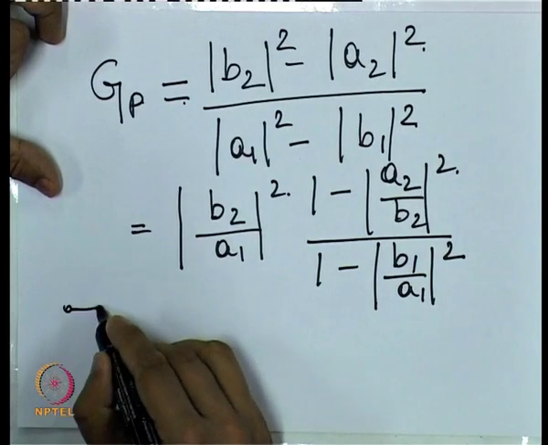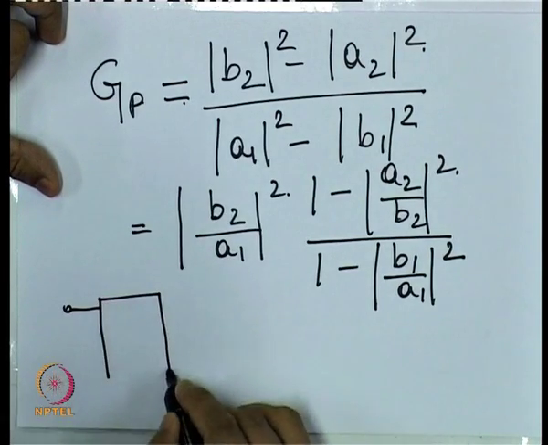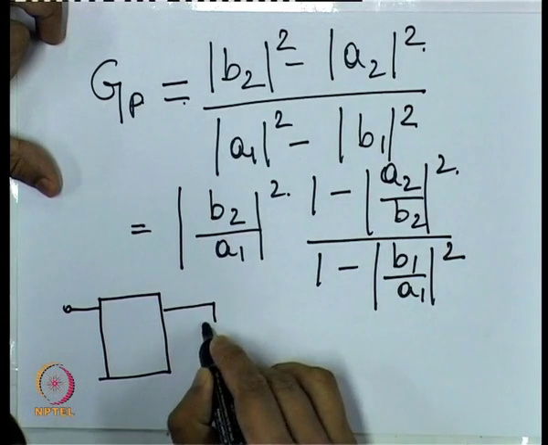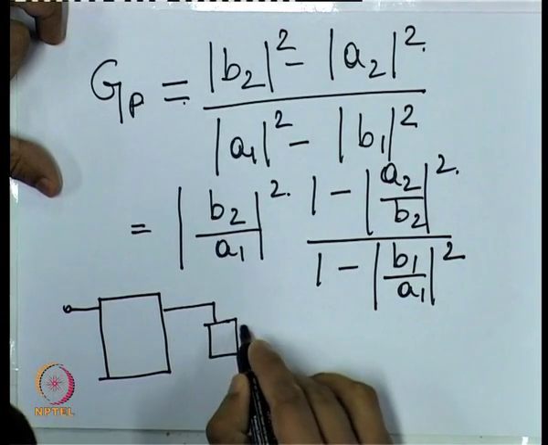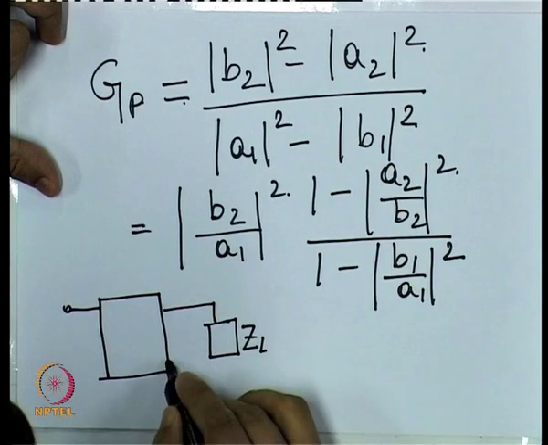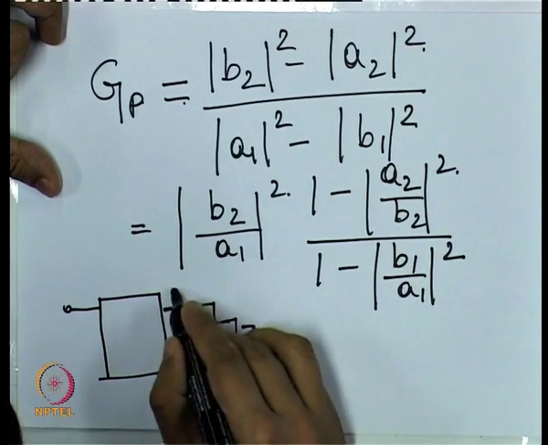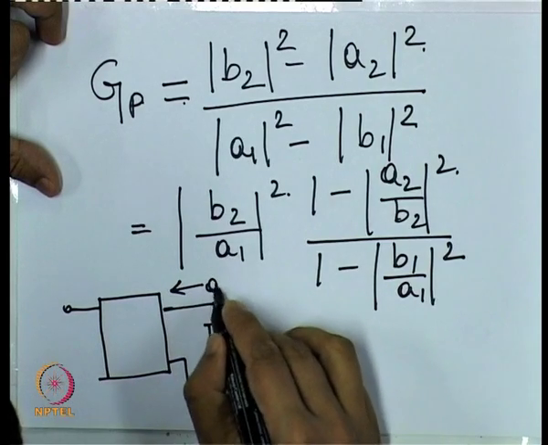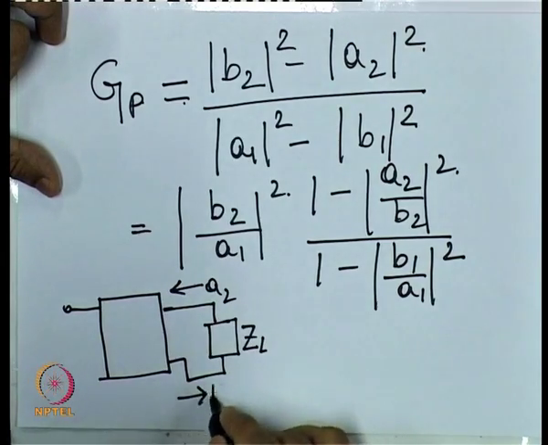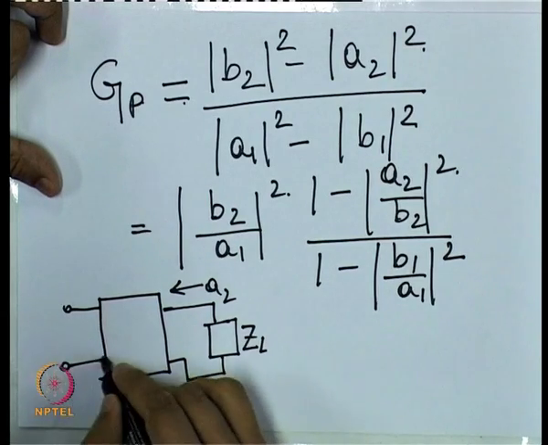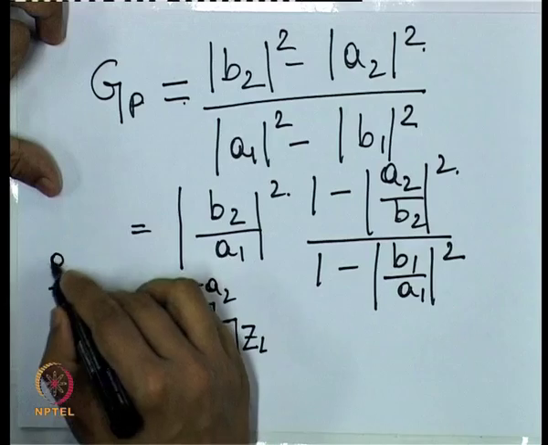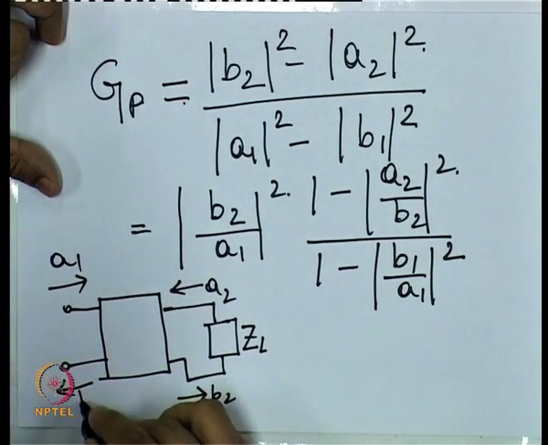If we draw our network, this is B2, A1, this is B1.